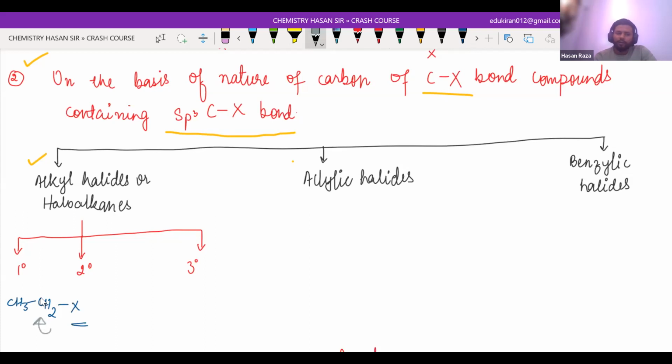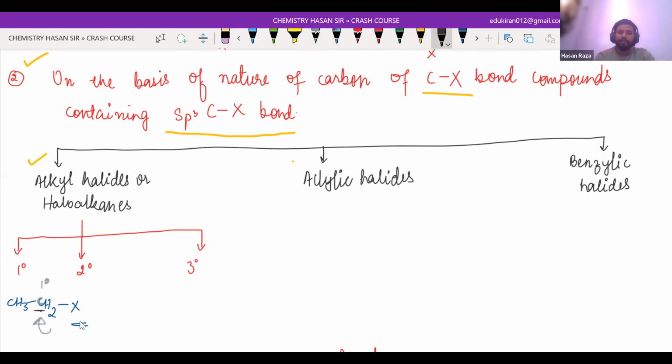How do we calculate the degree of carbon? To how many carbons it is directly attached, that is called degree of carbon, and this is your 1 degree. Since this carbon is 1 degree to which X is connected, it is primary halide or 1 degree haloalkane.